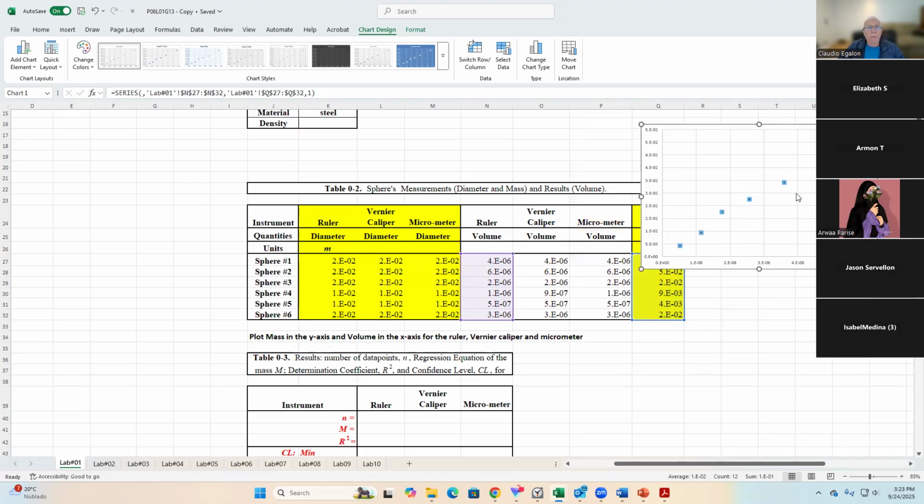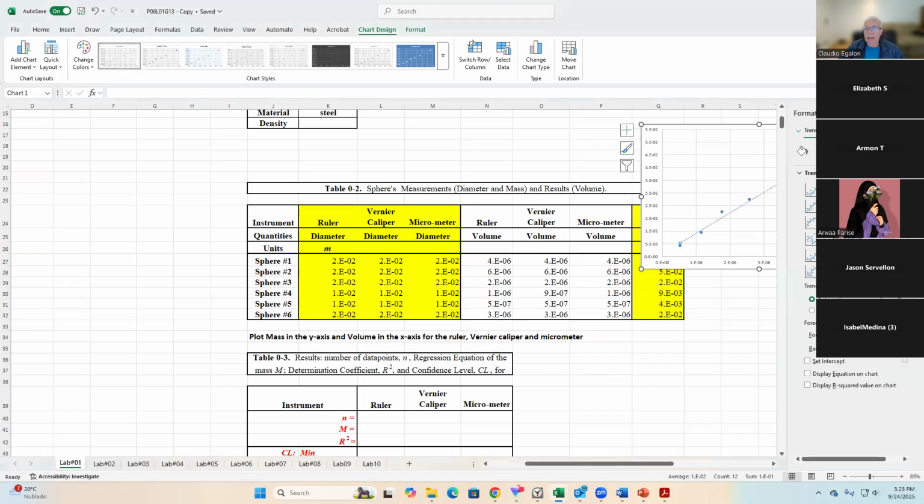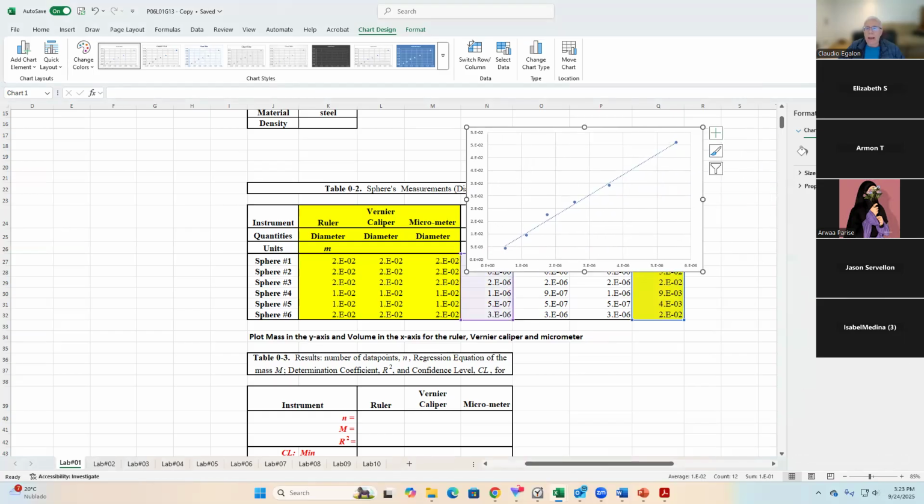Click one of the data points of the graph, right? See them, all of them highlighted. Once you have it highlighted, right click, add trend line. And automatically you're going to get a linear trend line.